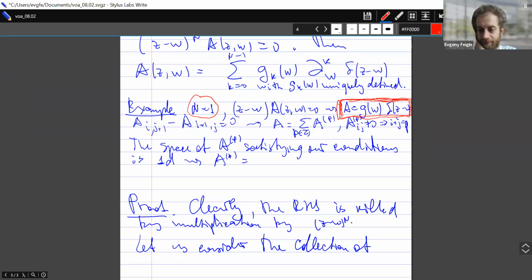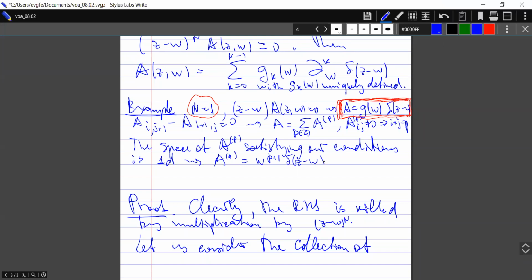So g of w, I suppose, will be w to the p plus 1. Excellent. Absolutely. Any comments, questions, remarks? No, it's clear now. So what about other students? Do you have any questions why this should be true?